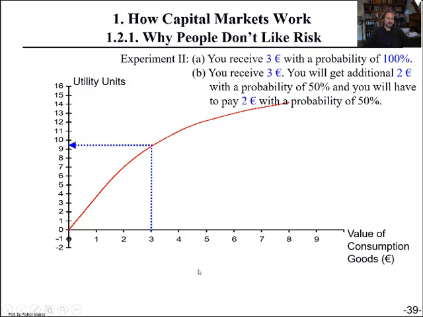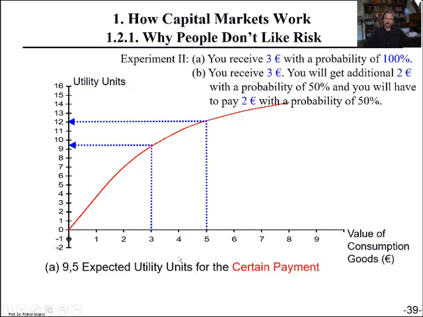The expected utility from the uncertain option B is 12 utility units times a probability of 50% plus 4 utility units times a probability of 50%, which is equal to 8 units of expected utility.